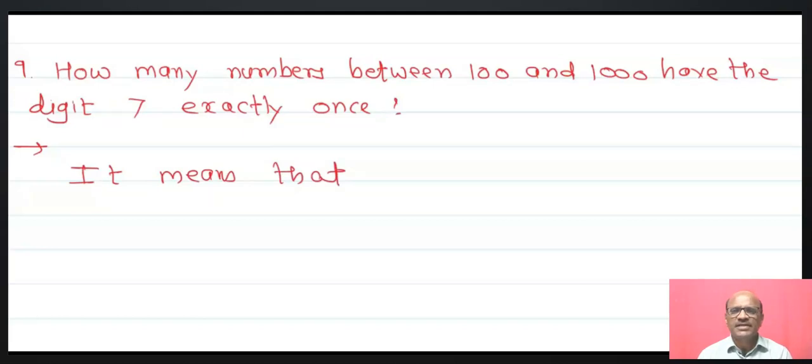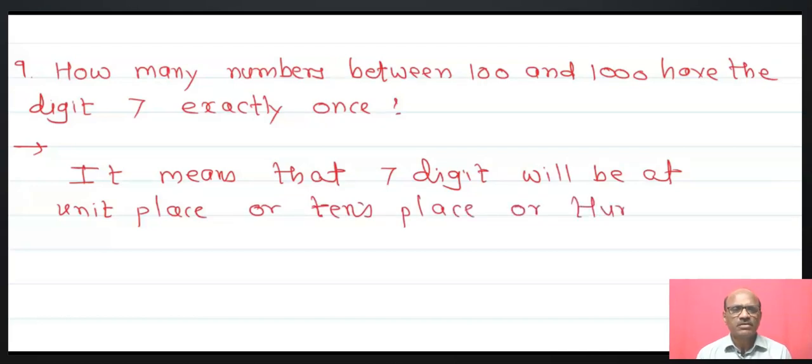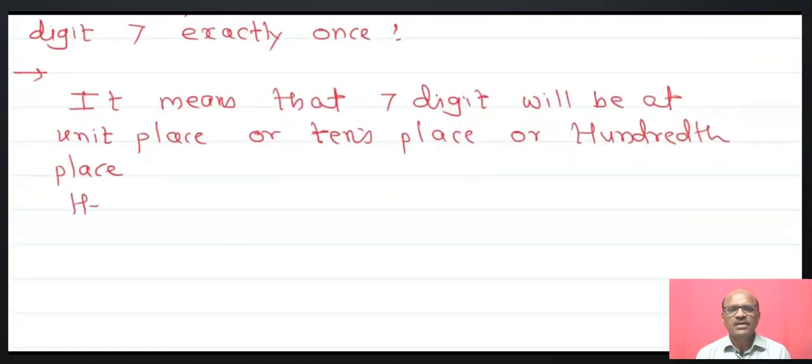It means that the digit 7 will be at unit place or the 10th place or the 100th place.